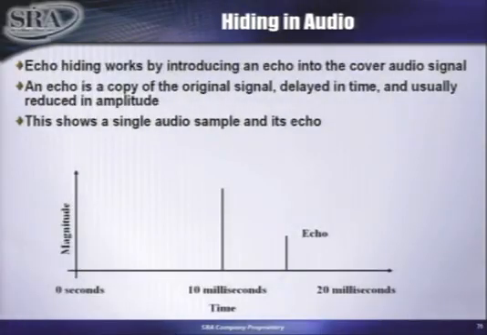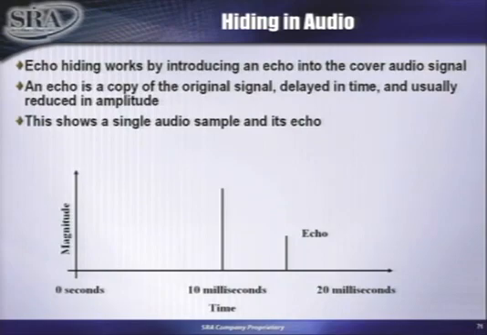Basically, an echo is nothing but the original sound delayed in time and reduced in amplitude. So you're going to hide in an echo. You produce an echo by taking some block of the sound file, shrinking the amplitude of that waveform, and then putting it in there, but somewhat delayed in time. You can alter the delay, or the amplitude, and use that to hide your bit.